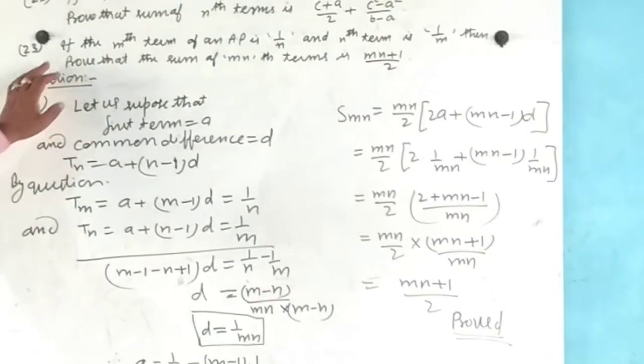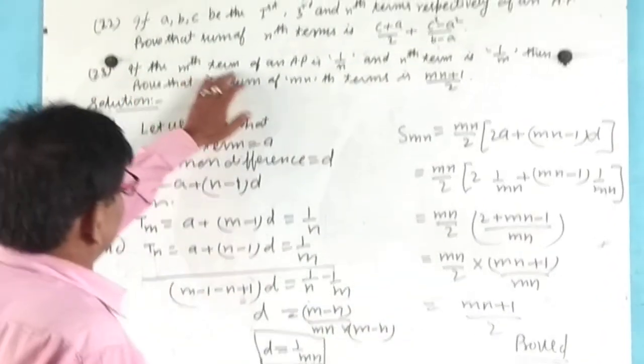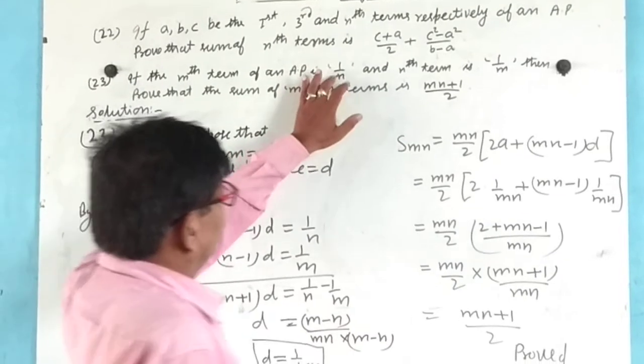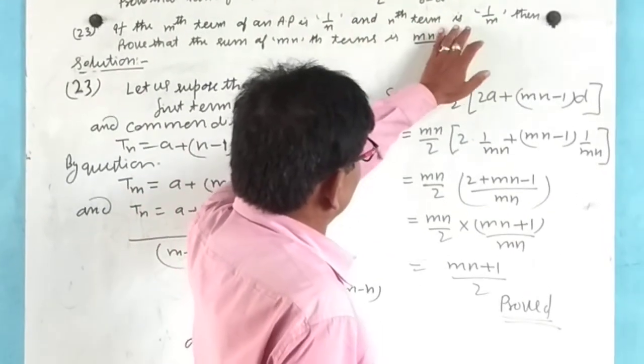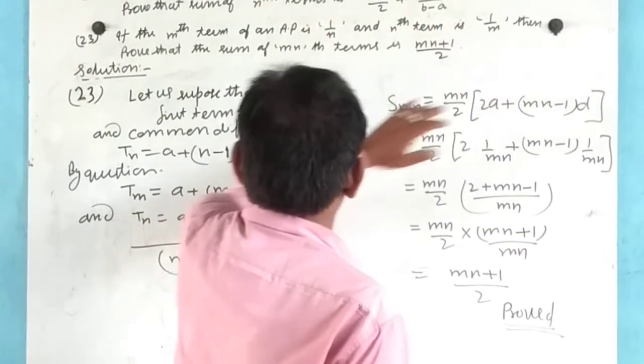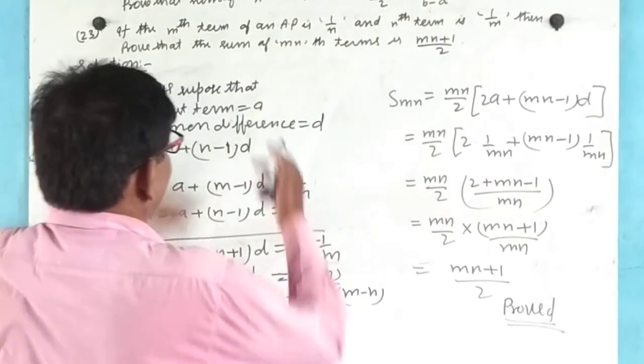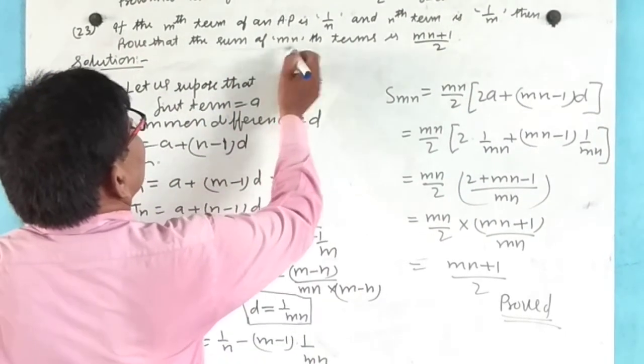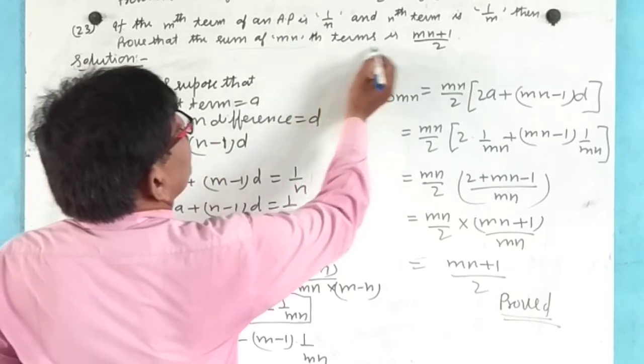Question number 23. If the mth term of an AP is 1/n and the nth term is 1/m, then prove that the sum of mn terms is this.